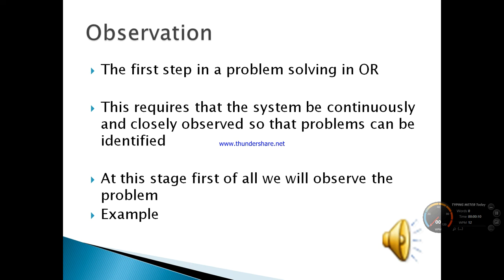Let's suppose a company wants a software for their employee biometric attendance and their fee structure, etc. Before developing the software, we will visit their company to observe the problem. Basically, what is the problem? To observe that problem, we will visit their company.